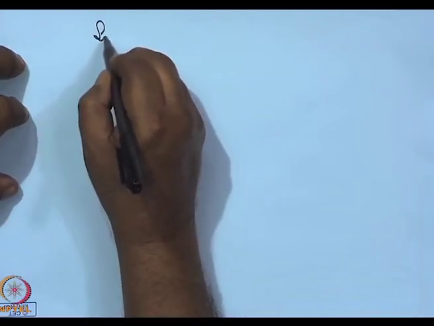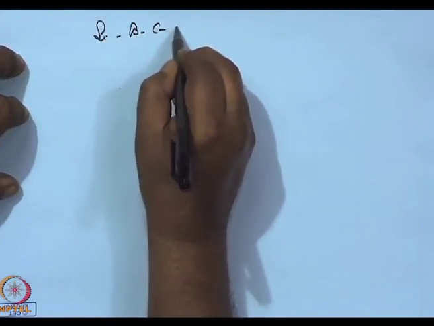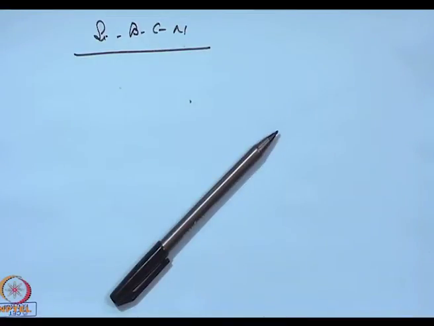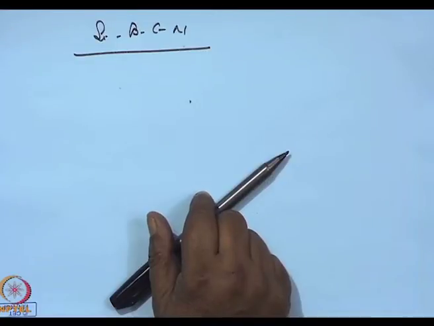Another interesting one I would take up is silicon boride carbide nitride fibers. Why did I take this up?